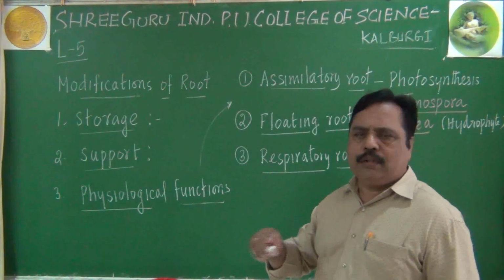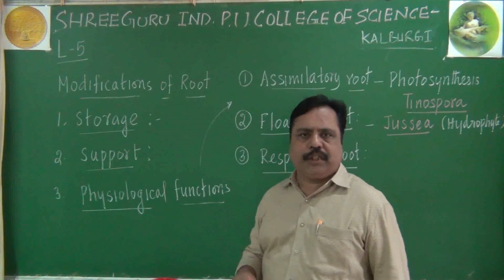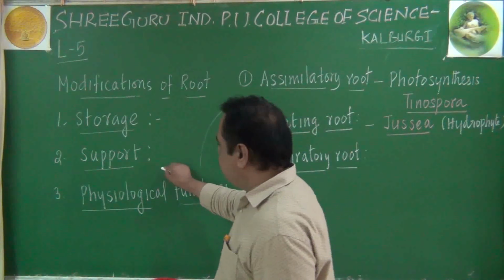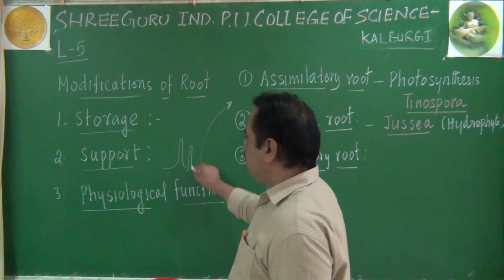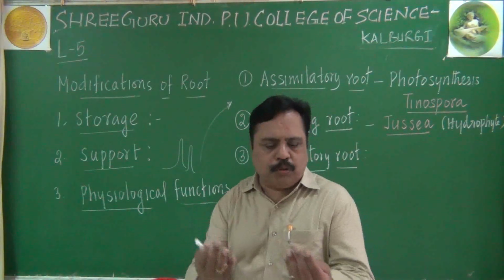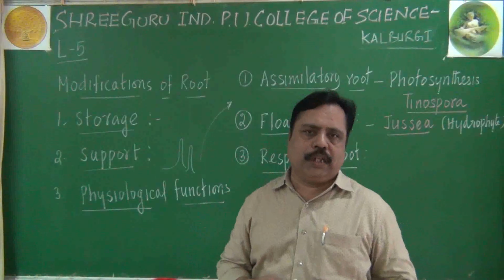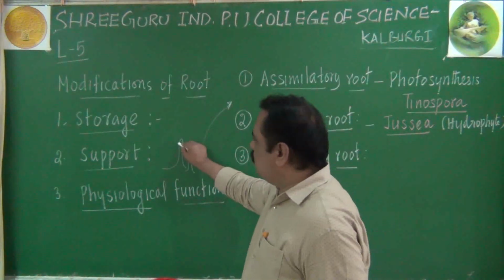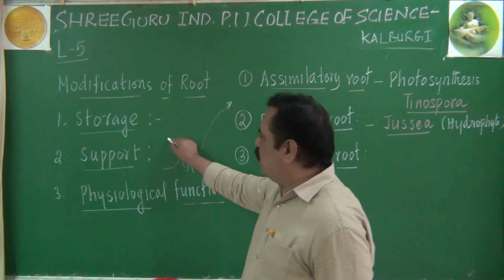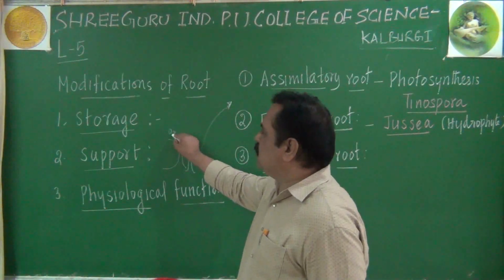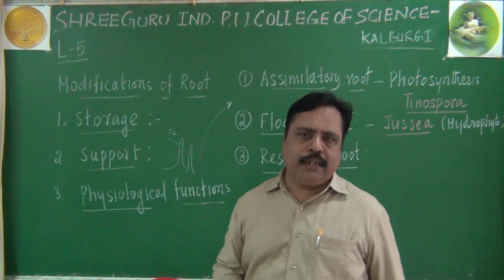Even though root is an underground structure, some plants exhibit some upward growth like this. Some plants will protrude their roots above the soil. They will have some openings on the root system like this. Through the openings from the atmosphere, oxygen can enter inside.